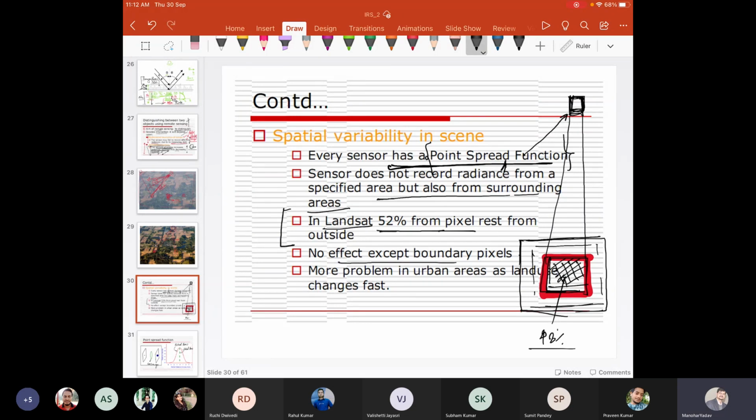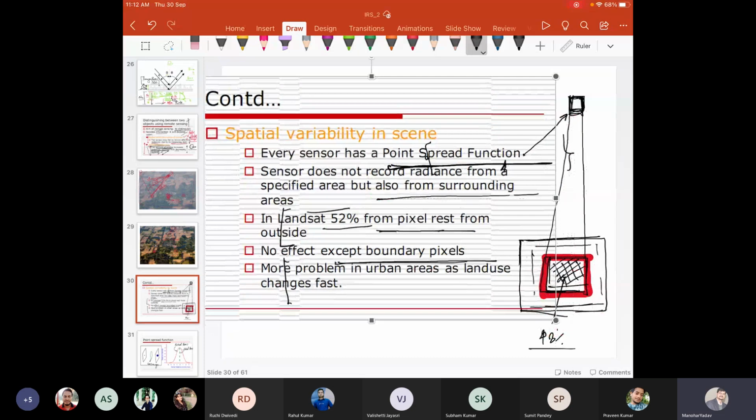Obviously, there is no effect except at boundary pixels. So due to this point spread property, there will be more problems when we sense urban areas, and when we go for land use changes, where the land use changes very fast.